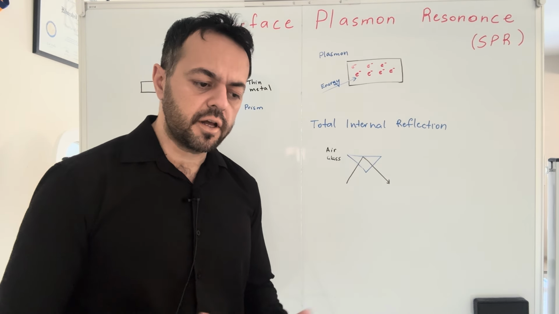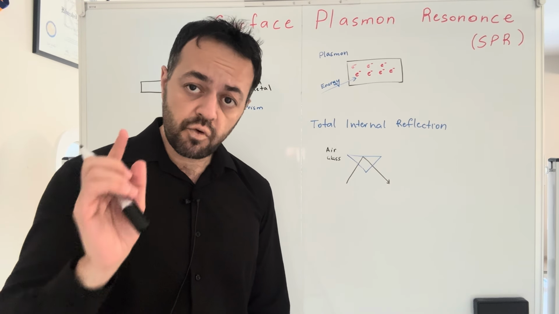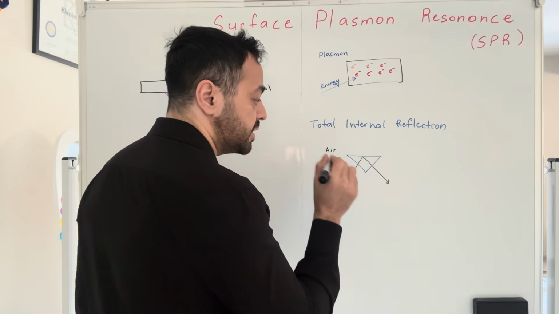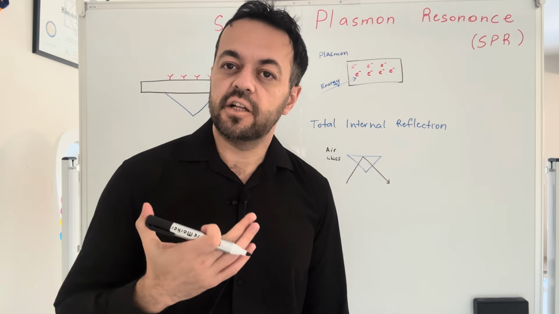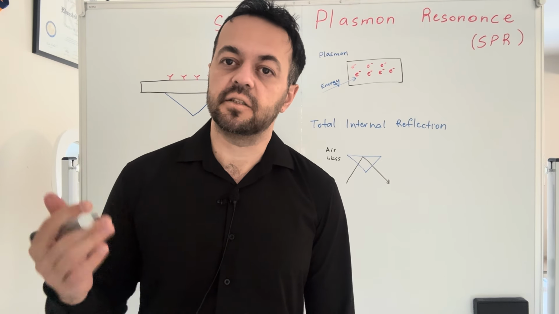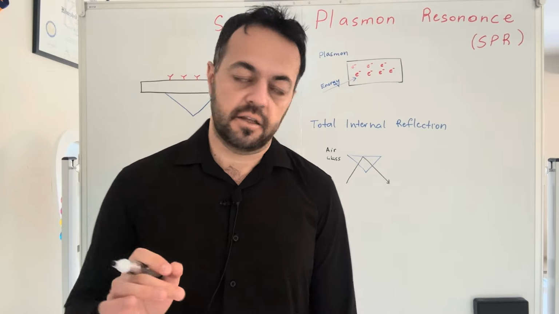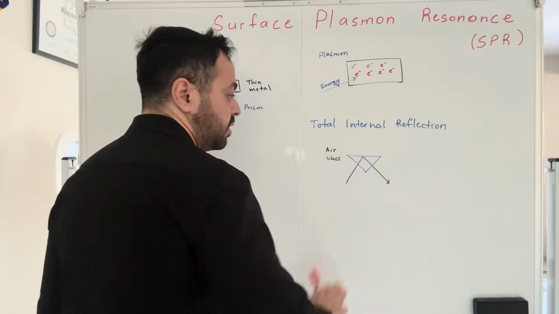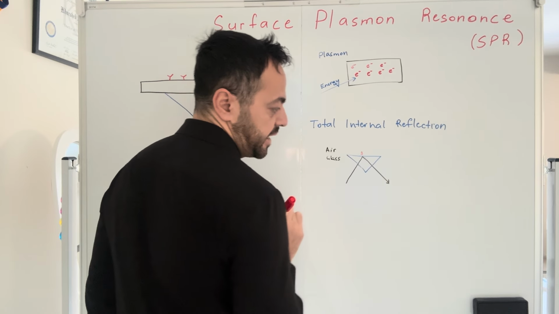In total internal reflection, it's not really rocket science, but one more thing happens. In total internal reflection, there is some additional energy generated, some additional electromagnetic radiation. That's what we call evanescent light. A very, very small portion of this light escapes the surface like that.